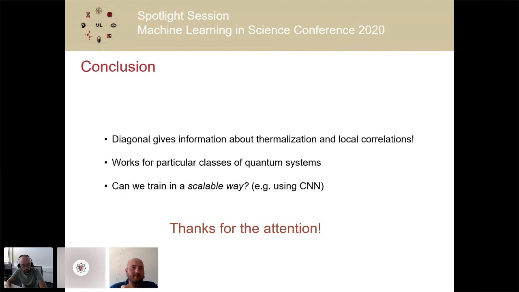But the point is, as I told you, to train this network with exact data coming from a simulation for a system size of, for example, L equal 10 spins, and try to extend, using our algorithm, to 20 or 30 sites. And this at the moment is not possible. It's not possible to simulate exactly this system for L bigger than 20, let's say.